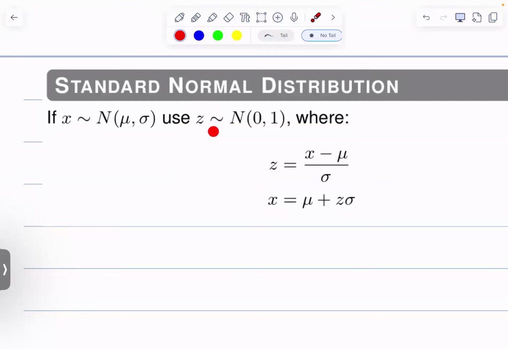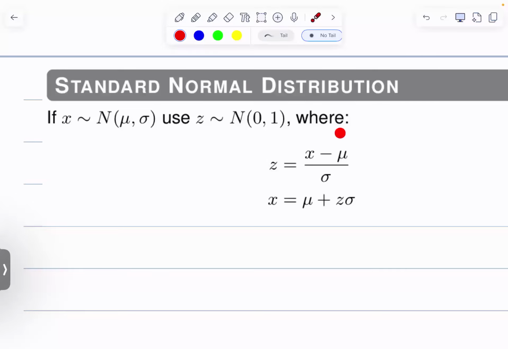Z follows a normal distribution centered on 0 with a standard deviation of 1. That's what makes it standardized: it's still the same shape, but it's always centered on 0, and the standard deviation is always 1. That's nice.